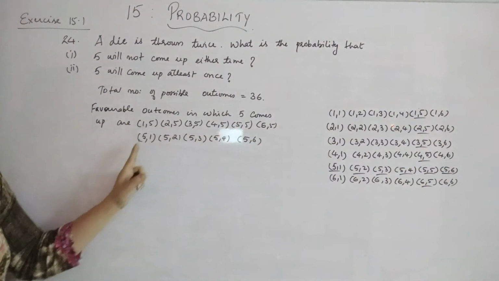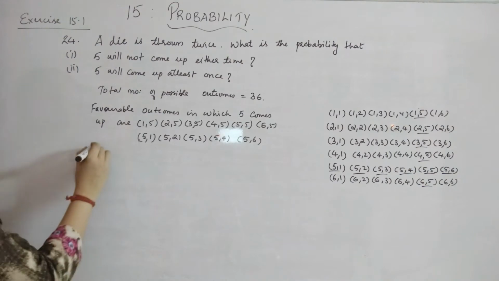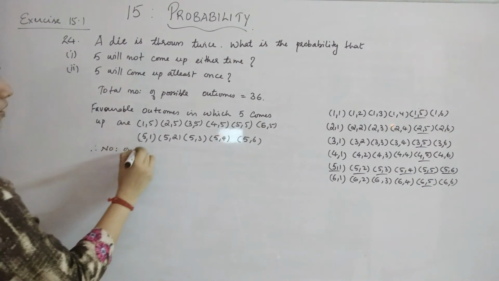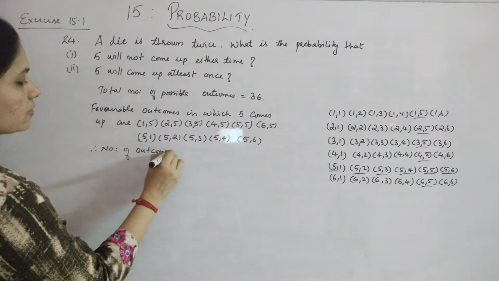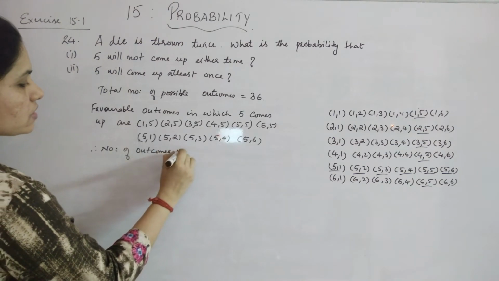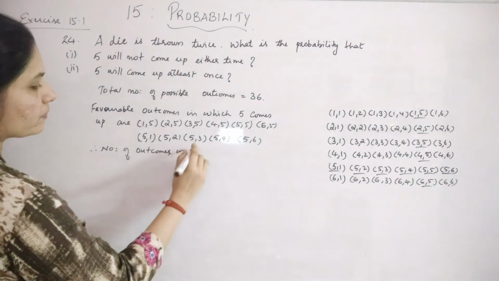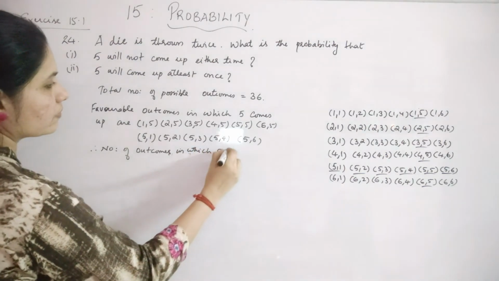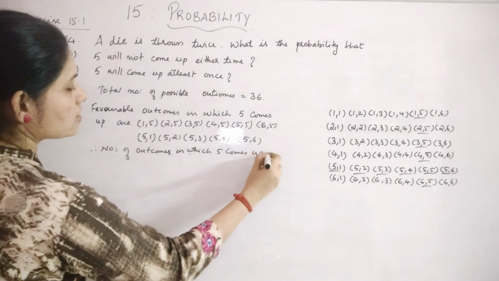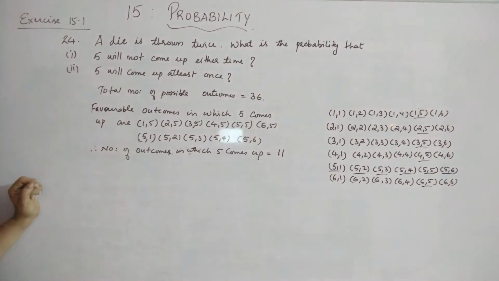So these are the favorable outcomes in which you have 5. Therefore the number of favorable outcomes in which 5 comes up is equal to 11. Okay, so now we will go to the question.